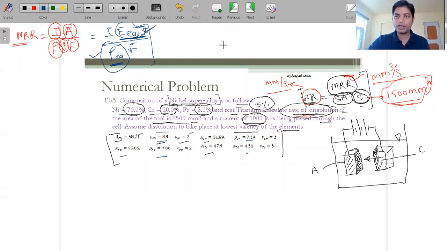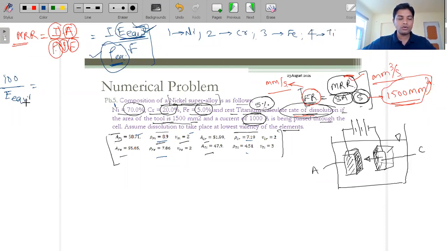Yes, sir. Okay, great. So now, how can we calculate this E equivalent? We can use 100 by E equivalent equals x1 upon E1, x2 upon E2. Now I am considering the first element as nickel, second chromium, third Fe, and the fourth one titanium.